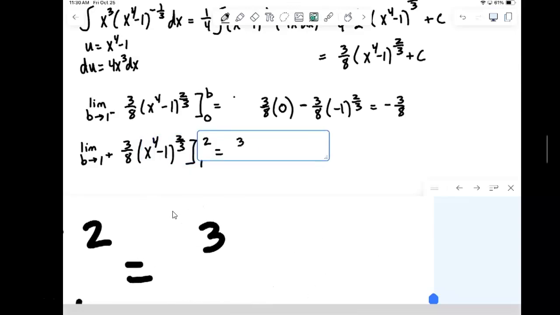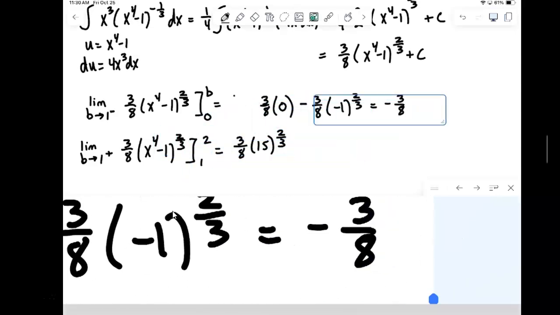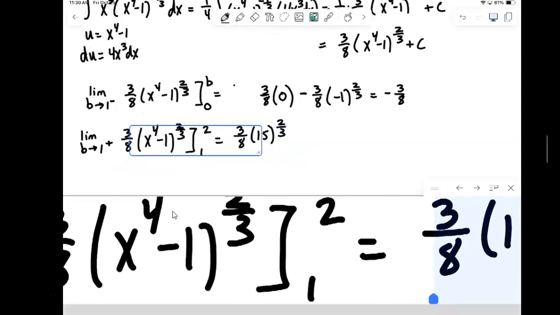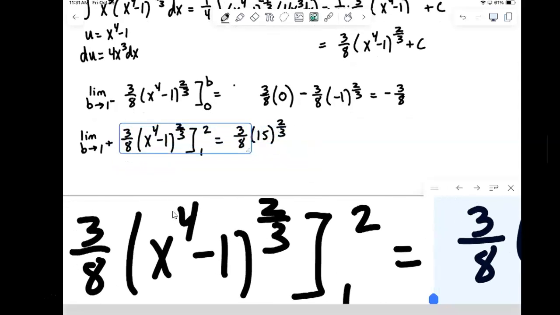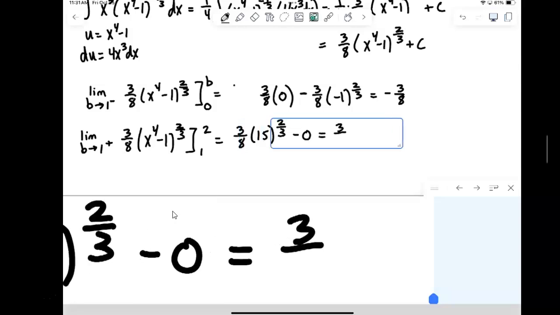So we're going to have 3/8 times 15 to the 2/3. And then when we plug in the 1 in the bottom there, that's again just going to be 1 to the 4th, which is 1, minus 1, which is 0. And all that other stuff is 0. So we get 3/8 of 15 to the 2/3.